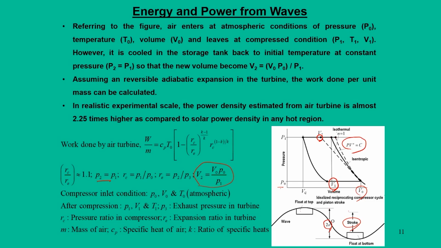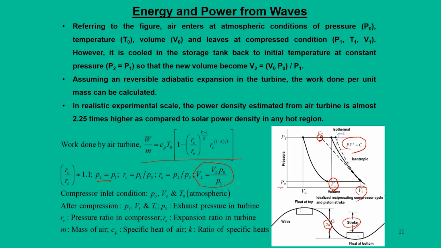Finally we arrive at the expressions for the work done by the turbine. That means, after this compression the air gets expanded in the turbine. The work done by the turbine is a function of some non-dimensional numbers: RC, the compression ratio, which is the pressure ratio in the compressor, and RE, the expansion ratio.